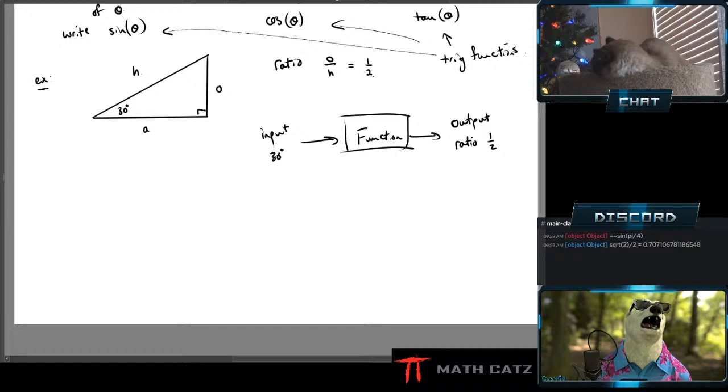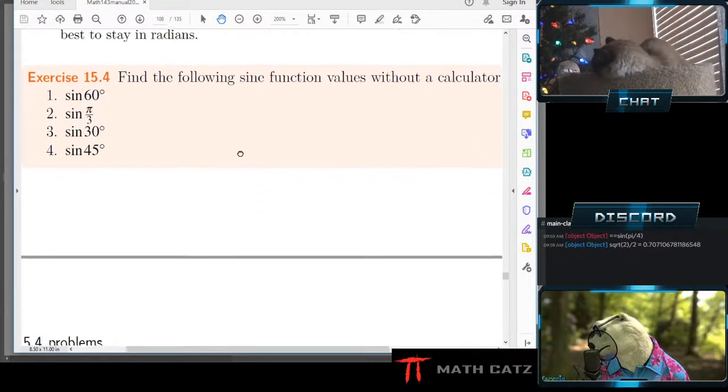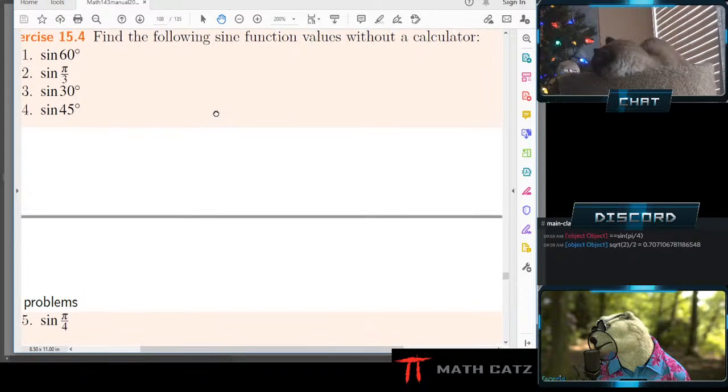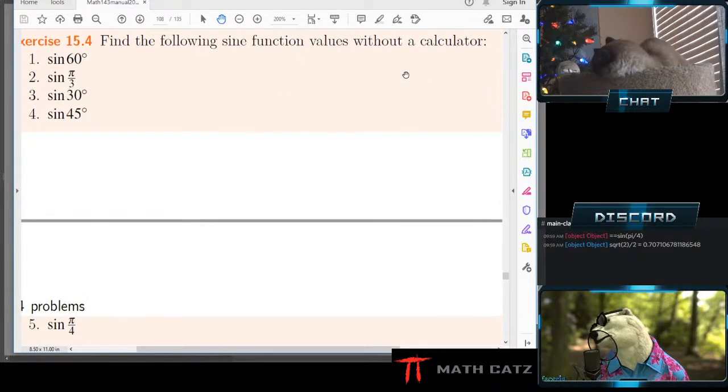So having done that, you noticed perhaps that the question in the book was originally calculate these function values without a calculator. It gives us some insight that'll help us for our word problems.